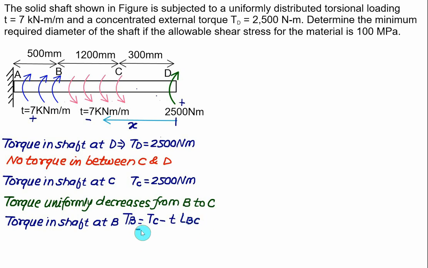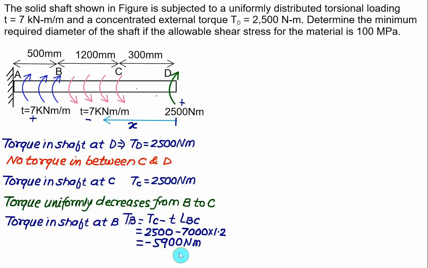The torque T has a unit of kilonewton meter per meter, so in Newton meter T is equal to 7000. The length is 1.2 meter. So 2500 minus 7000 into 1.2, you will get the torque at B equal to minus 5900.